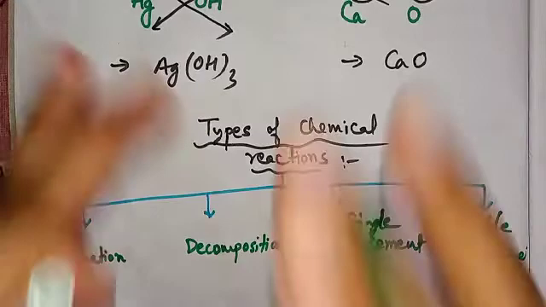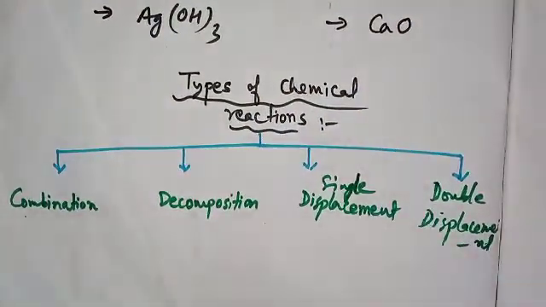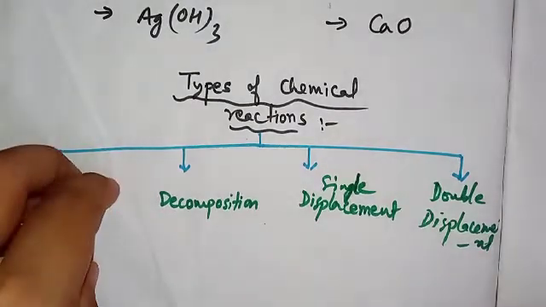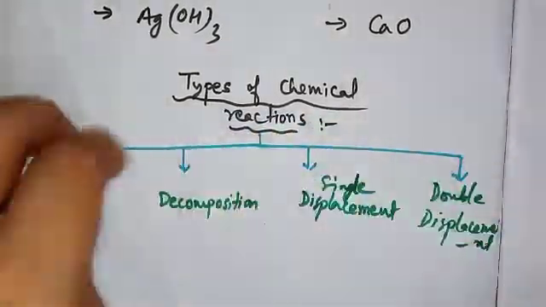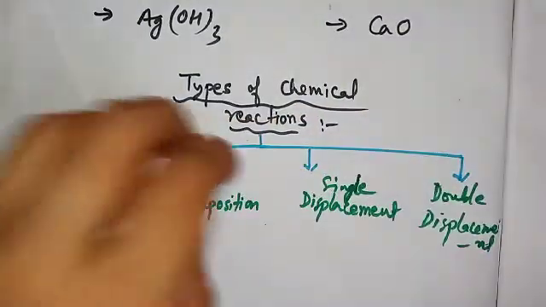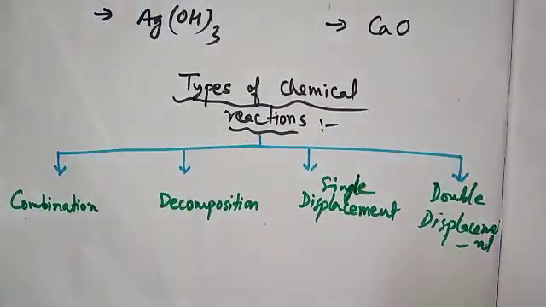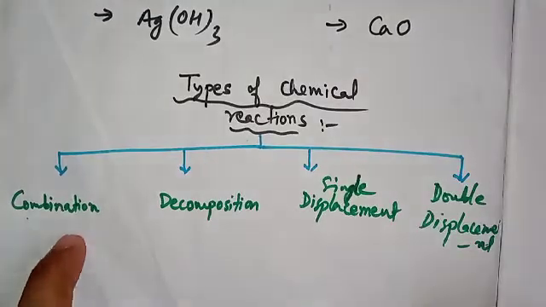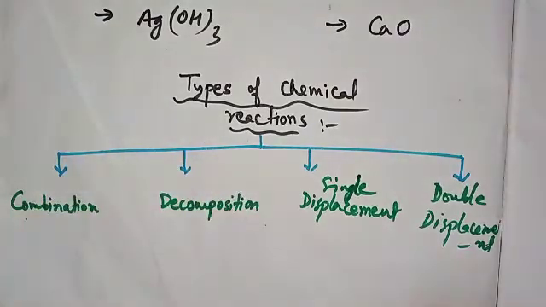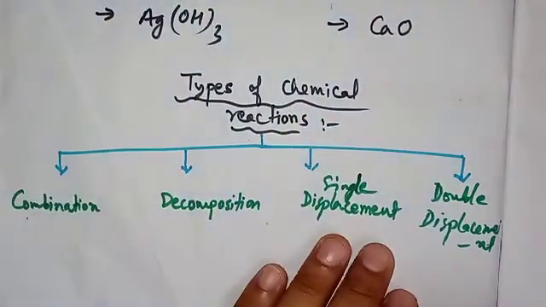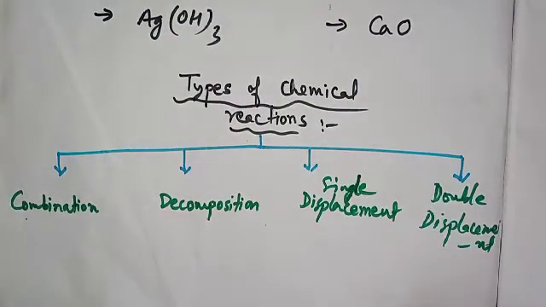So almost all of the reactions which are giving us trouble to learn and memorize fall under these categories, okay? That is, either they may be a combination reaction, or a decomposition reaction, or a single displacement reaction, or a double displacement reaction.